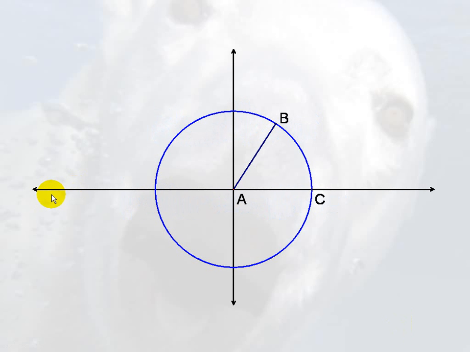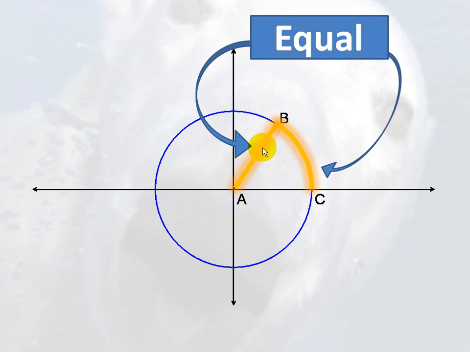So first of all, let's consider a circle here. Now, I've drawn this circle using a sketch pad so that the length of this radius and the length of this arc CB are the same.